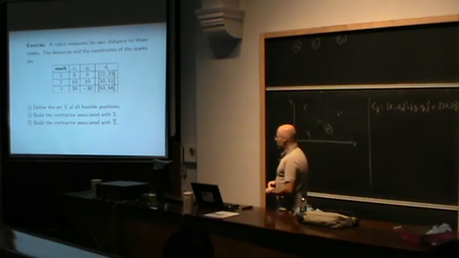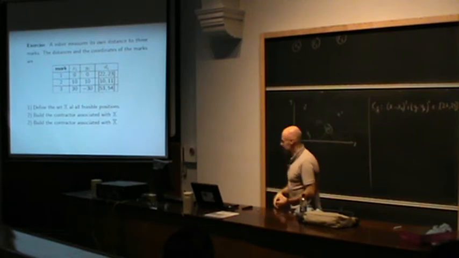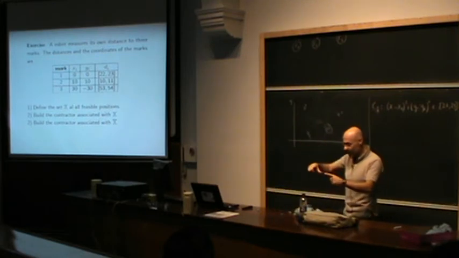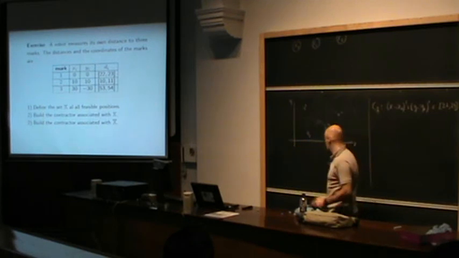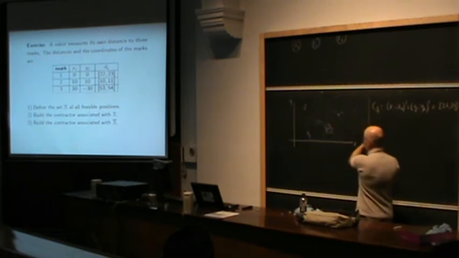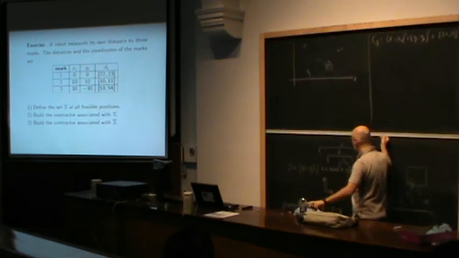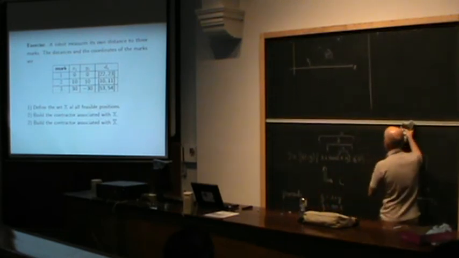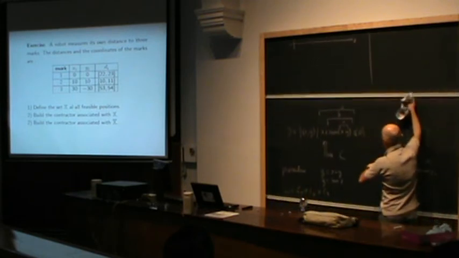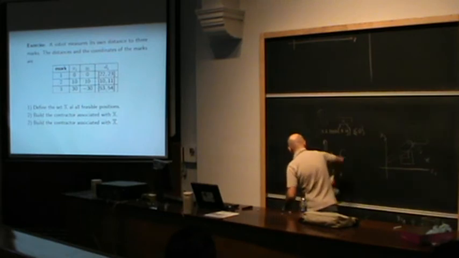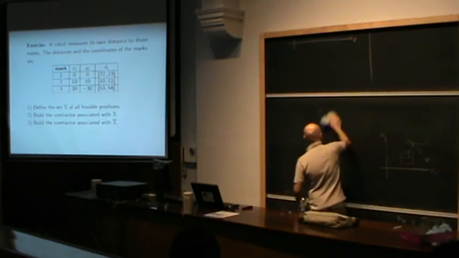Now I want to use a SIVIA algorithm. The SIVIA algorithm, I presented it yesterday with inclusion function. Since we want to be more efficient, how can we generalize? How can I apply the SIVIA algorithm when I have contractors?